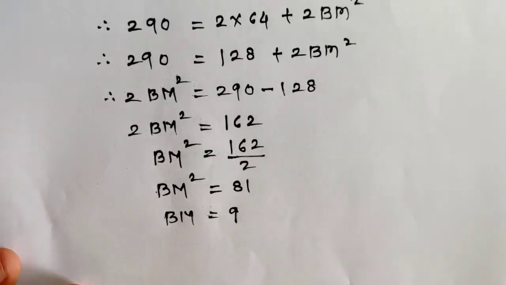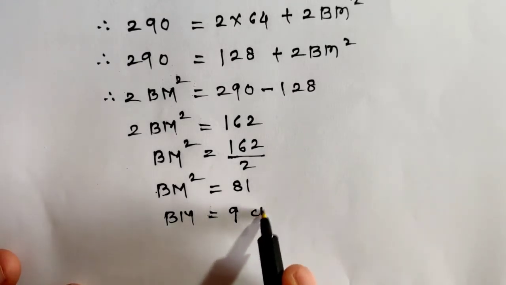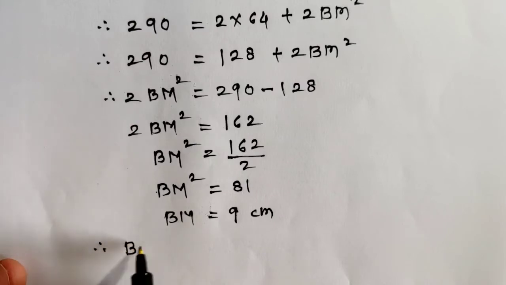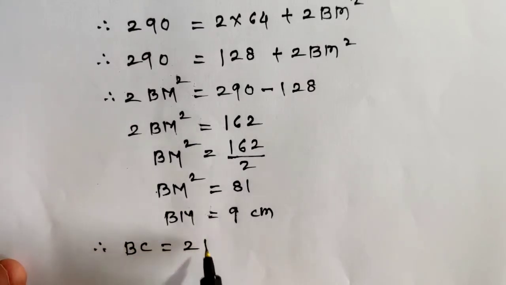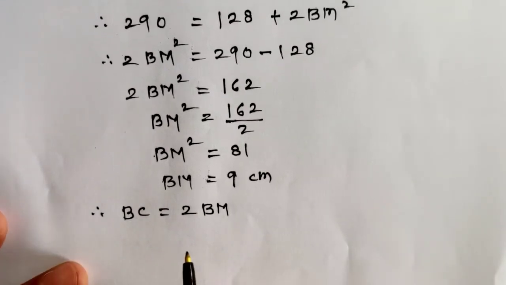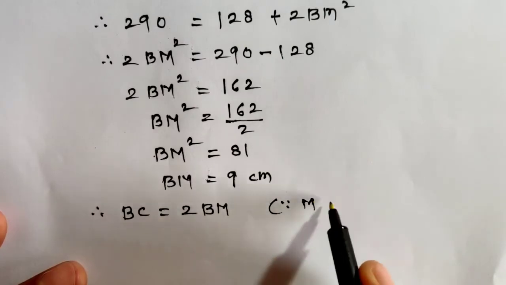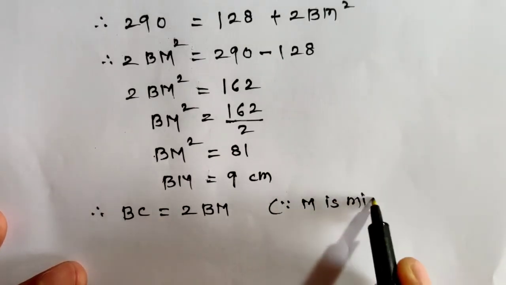And here the unit is given centimeter. So BM is 9 centimeter. Now what we have to find? BC. So BC is equal to 2 BM. Reason, since M is midpoint of BC.